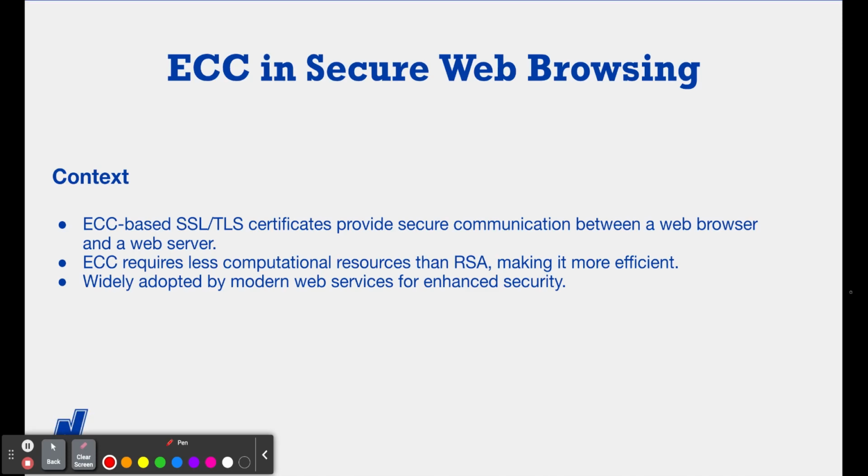This request, which would include the public key, would be sent to a certificate authority, or CA, who, upon verifying Bob's ownership of the site, would then issue an SSL/TLS certificate linked to the public key. Bob will then install the certificate on his web server.